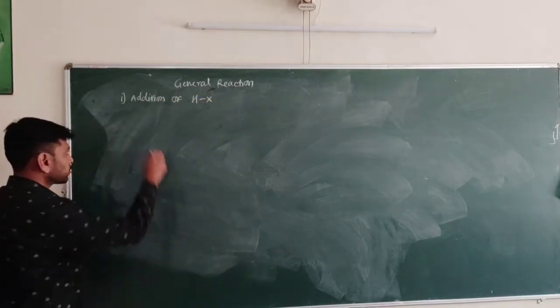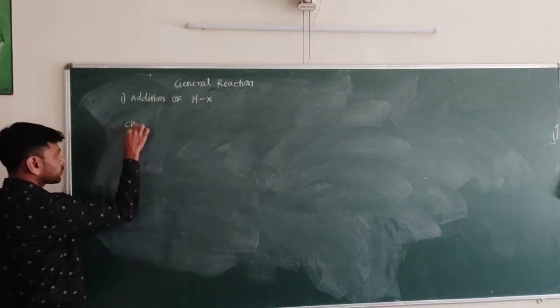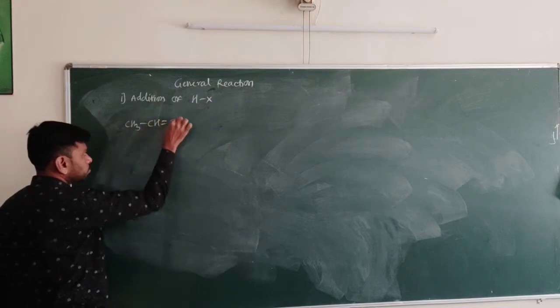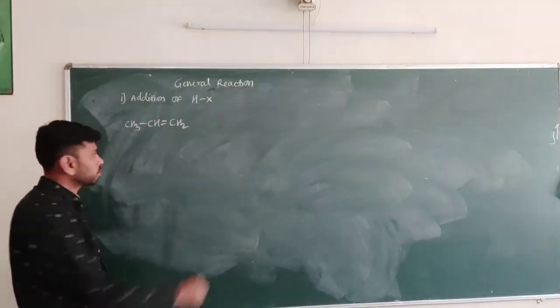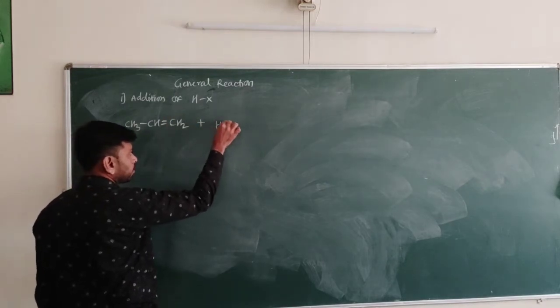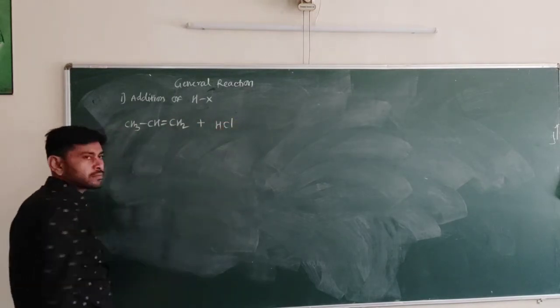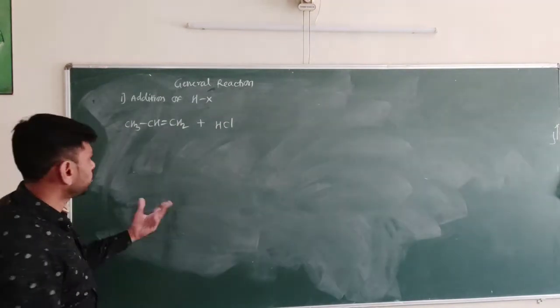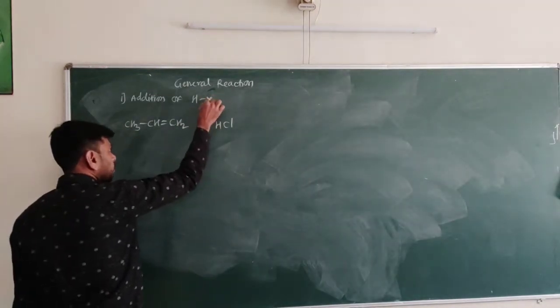We have taken a simple unsaturated system. HX may be HCl, HI, HBr, or any other electron-deficient system.